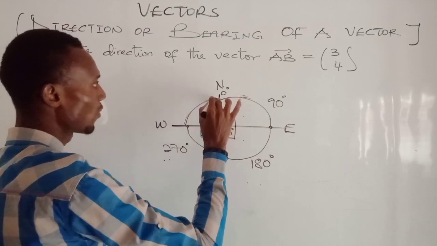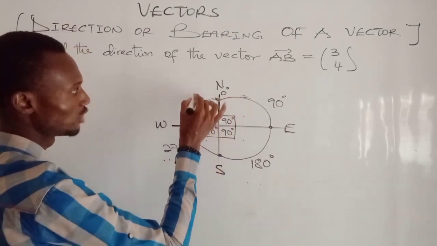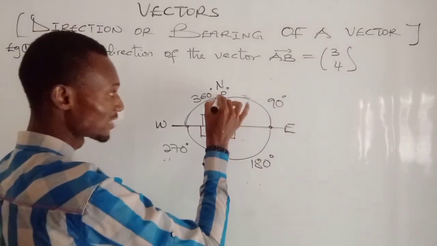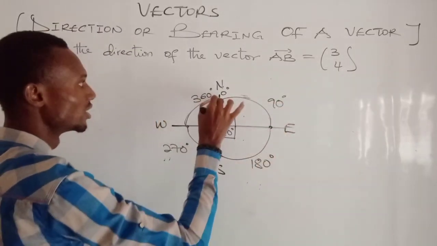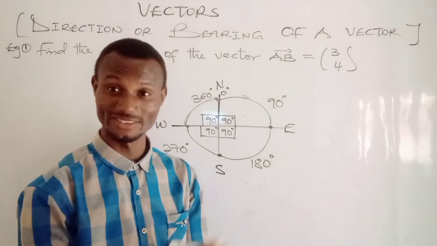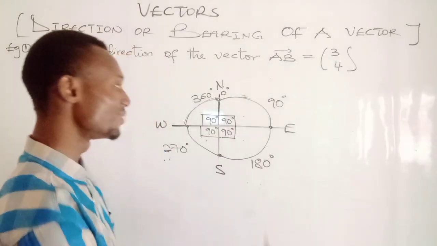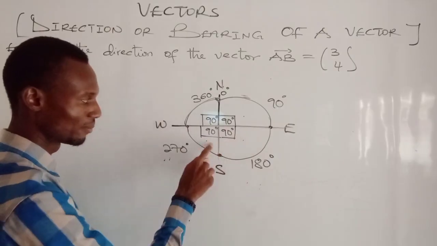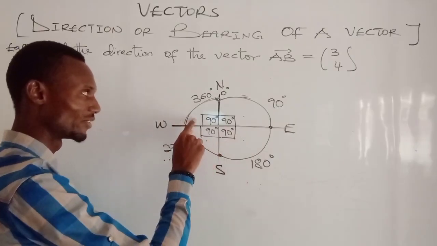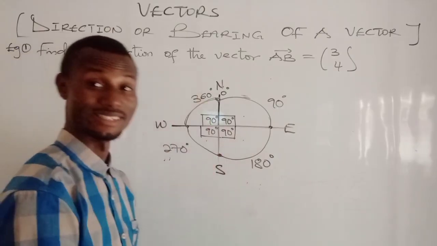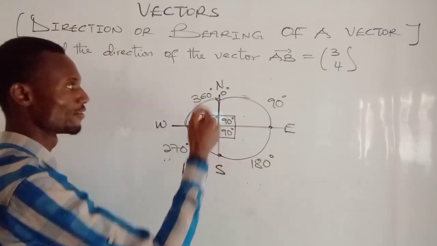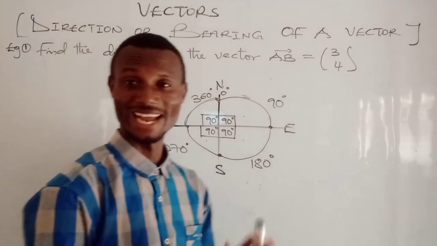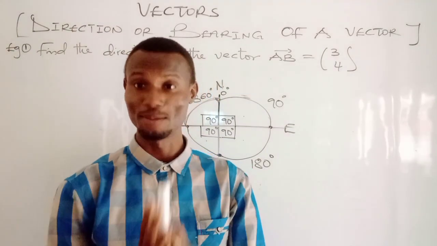I hope you can all agree with me that it will give 360 degrees, because it's going to be the 90 degrees here plus the 90 degrees here plus the 90 degrees here plus the 90 degrees here, which will give me 360 degrees. That is, if we read from the north up to the north again. I hope the explanation is clear enough up to this point.